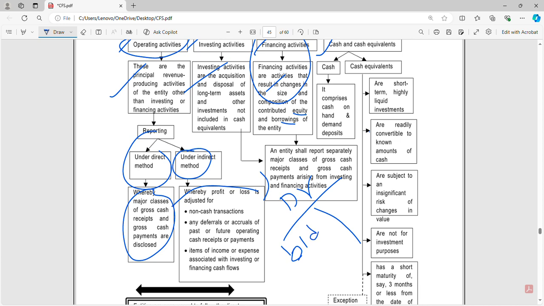So opening balance is on the debit side, closing balance is on the credit side, and the sales they will provide in the question will come under the debit side. The balancing figure, the cash or bank balance, will be taken into the operating activity.